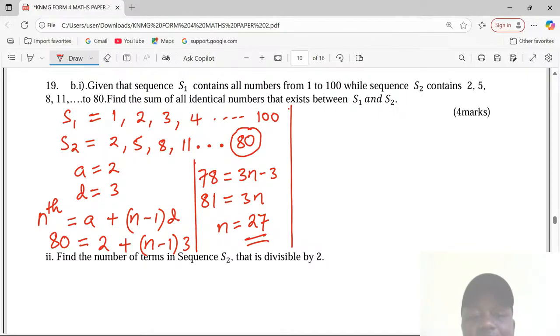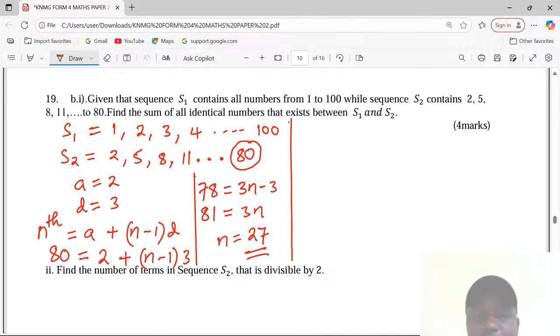So the second sequence has 27 terms, from 2 all the way to 80. And the first sequence has 1, 2, 3, all the way to 100, so the second sequence can be fully contained in sequence 1.